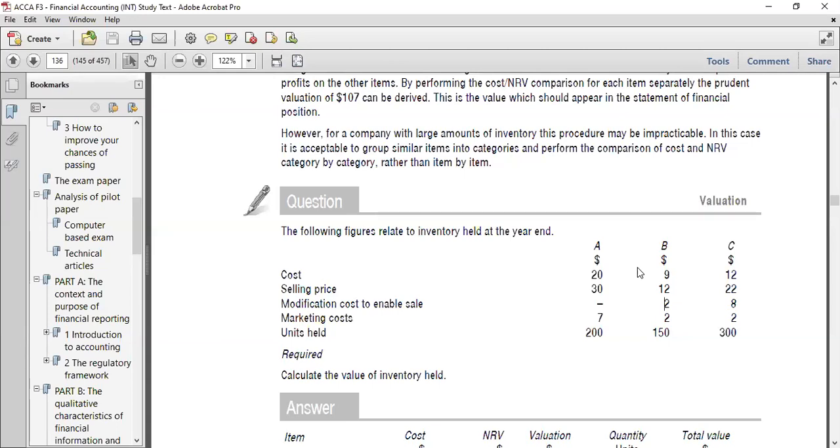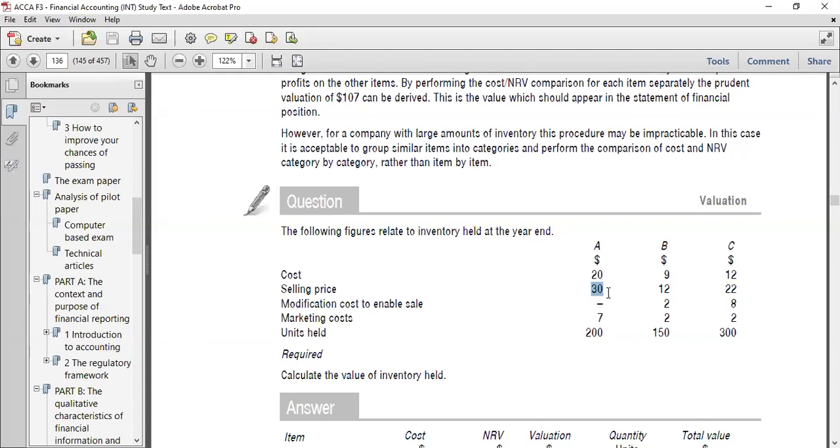So we are going to look at how A is. Now, A, our cost is 20, okay, and our selling price is 30. Remember, they told us about our net realizable value. They told us that net realizable value is the expected selling price, which is 30, okay?